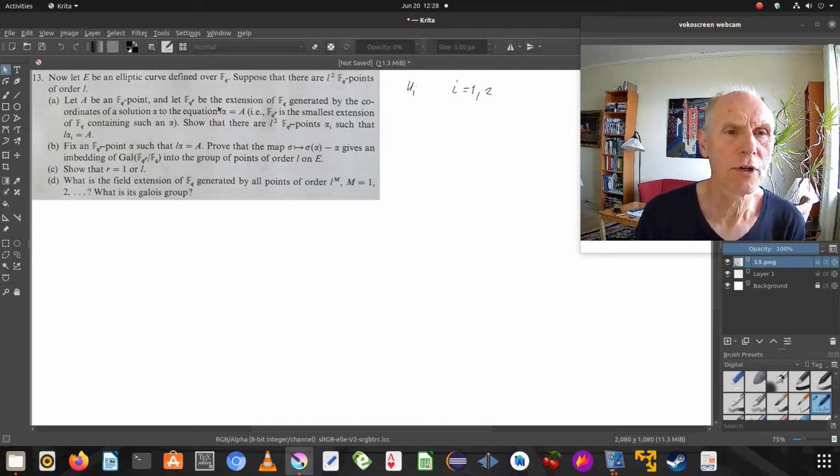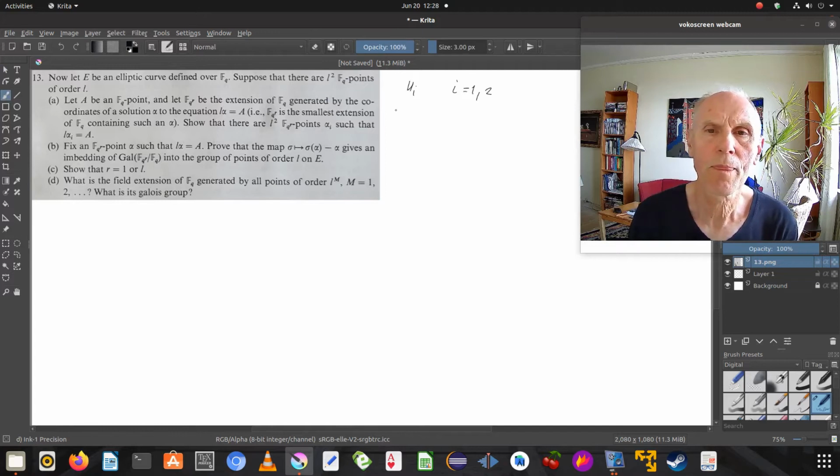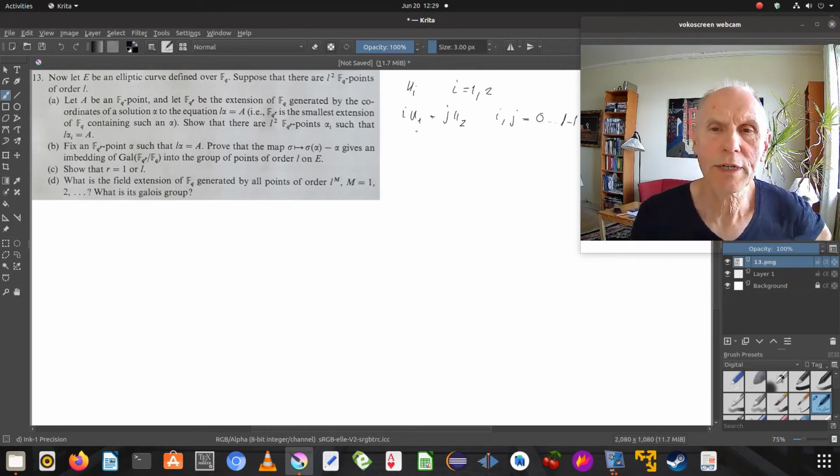The points of order L are i u1 plus j u2, with i and j from 0 to L minus 1. There we go, so that's the L squared generators.